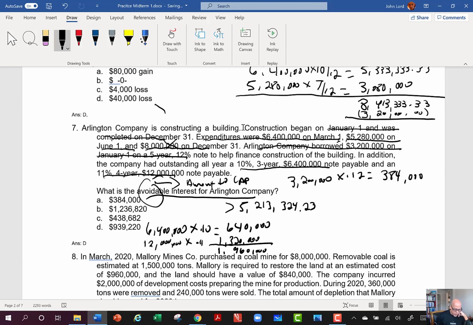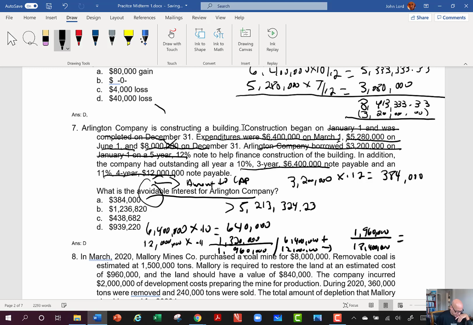And so you take the $1,960,000 and you divide that by the total that was borrowed, $6,400,000 plus $12 million, which is $18,400,000.